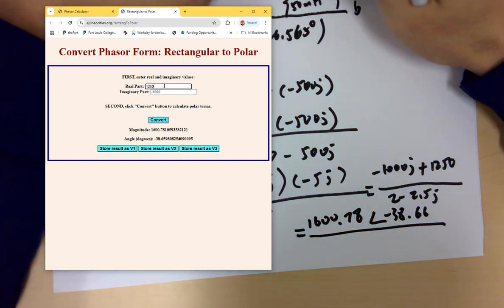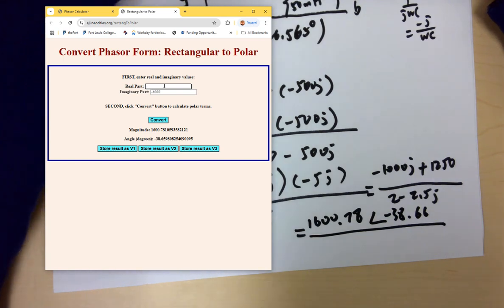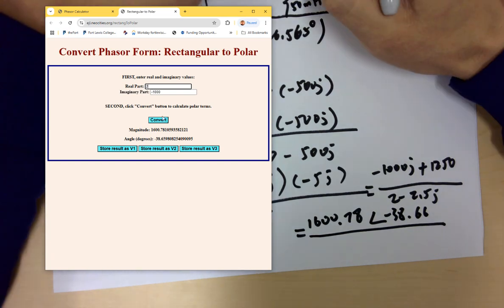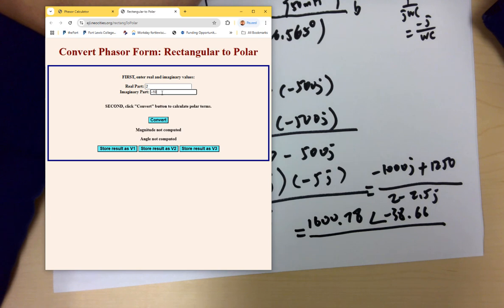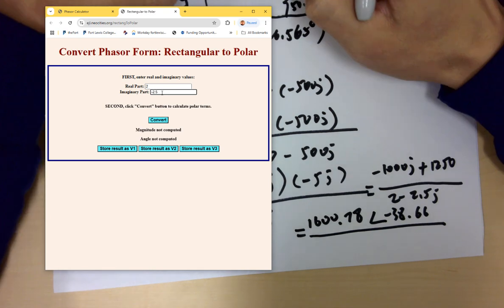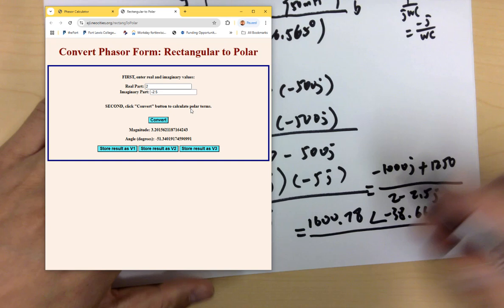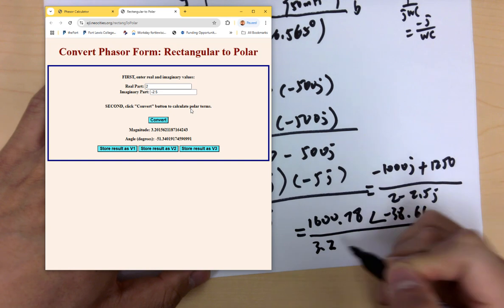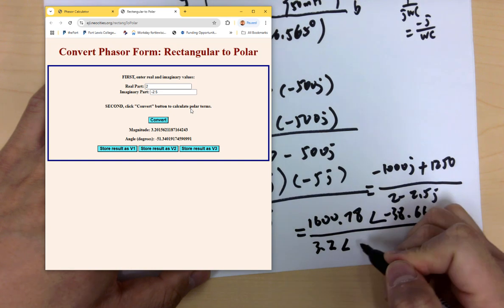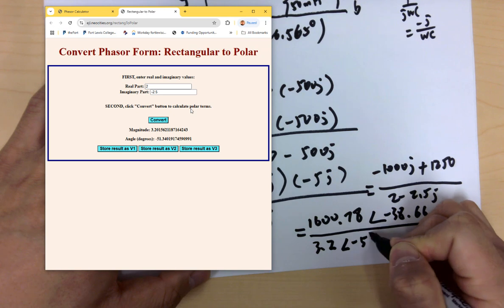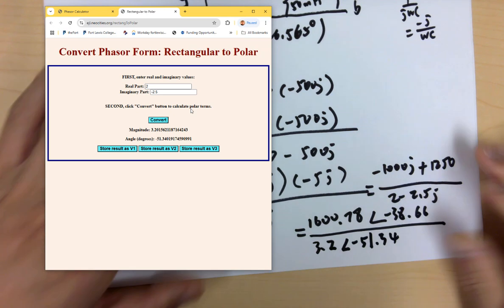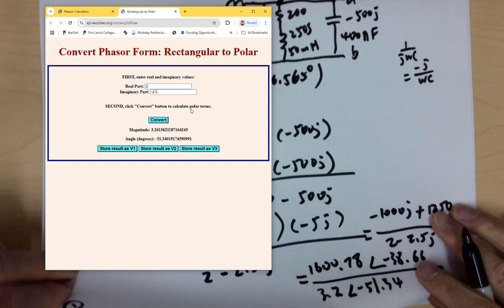Okay, for the bottom, it's 2 for the real part, and minus 2.5 for the imaginary part. We're getting 3.2, and the angle is minus 51.34.